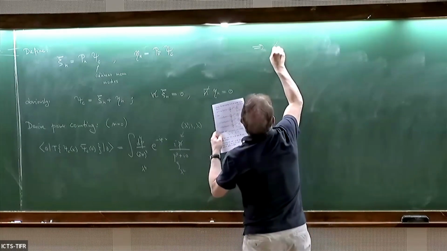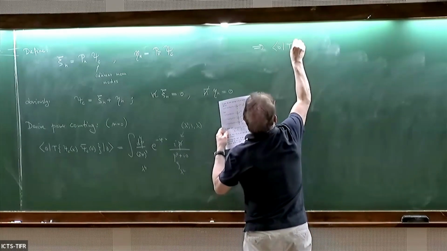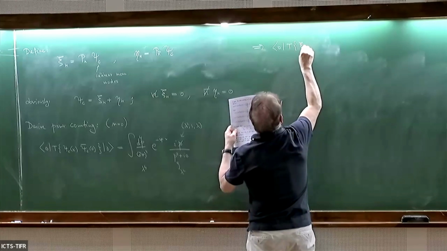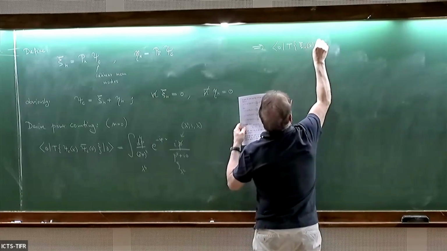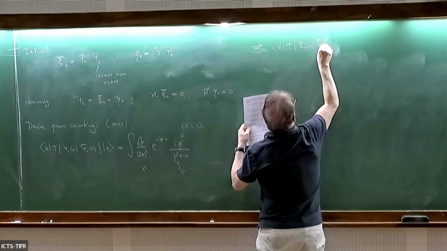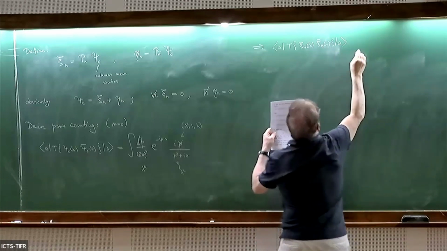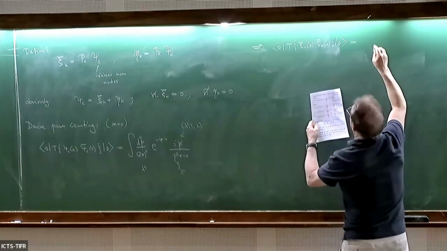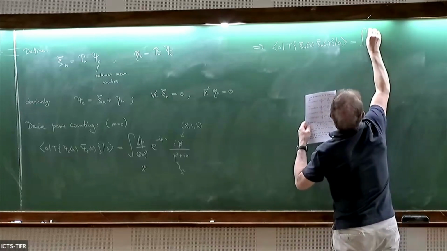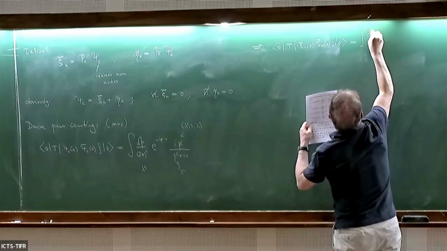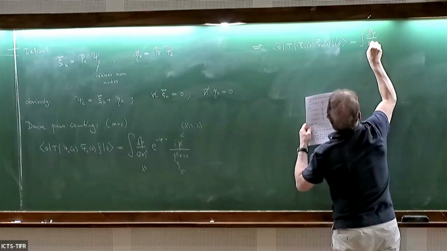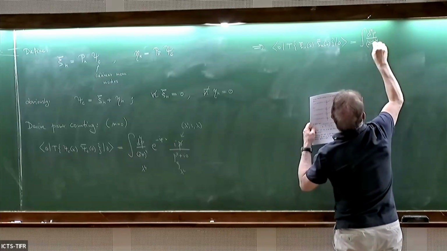And what you find is that the 2-point function of two Xi fields is d4p over 2 pi to the 4 e to the ipx.